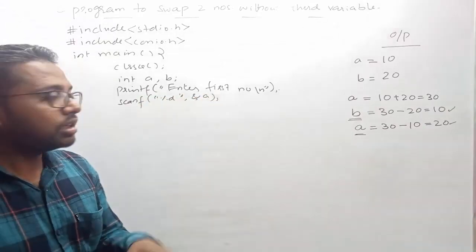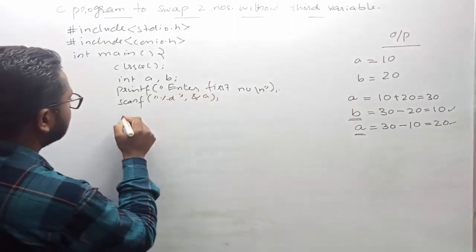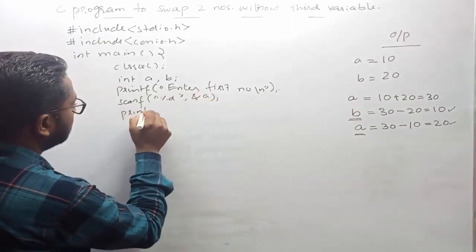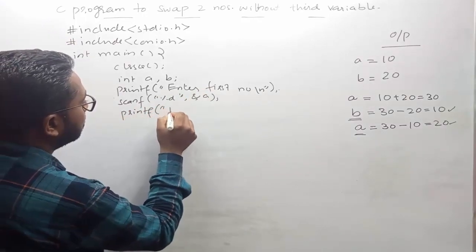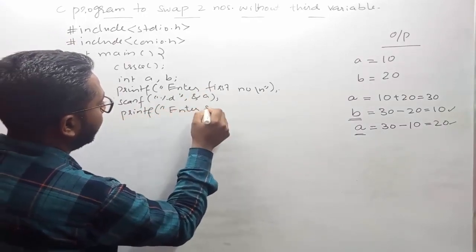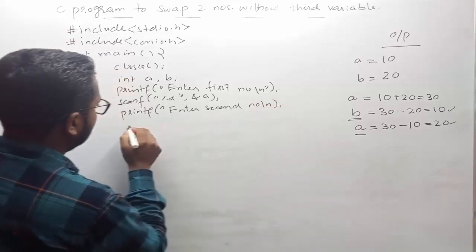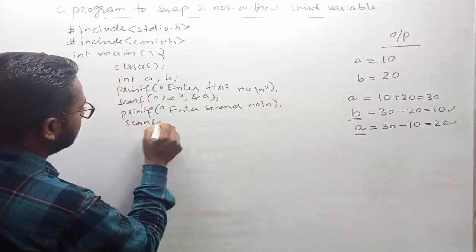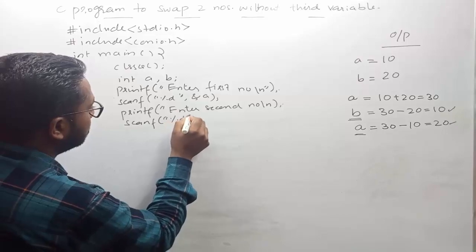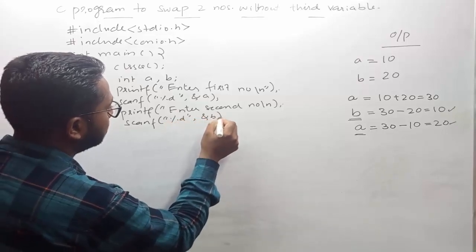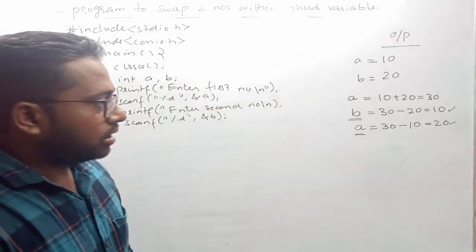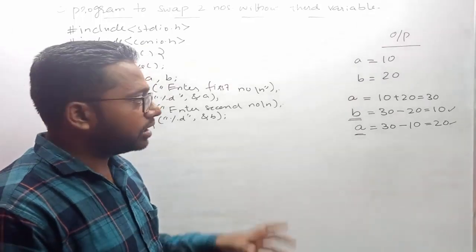Similarly, I will ask the user to enter the second number: printf enter second number, and then I will read the second number from the keyboard, ampersand b.